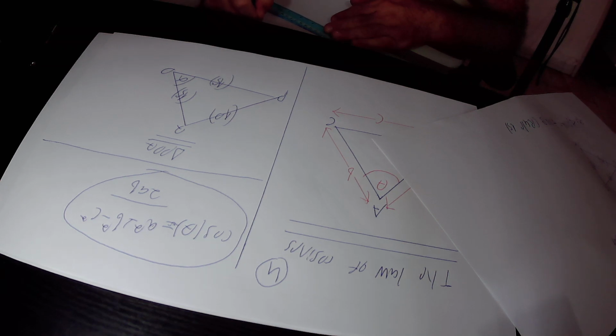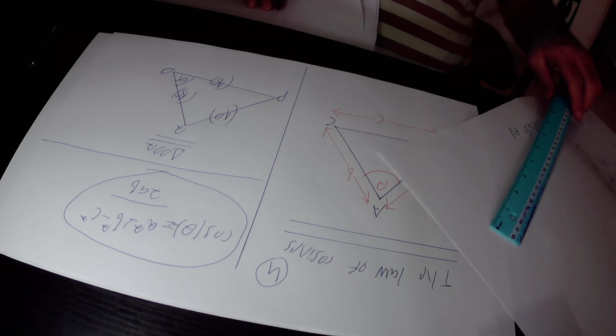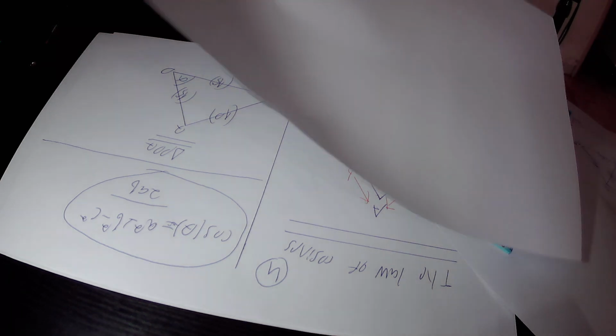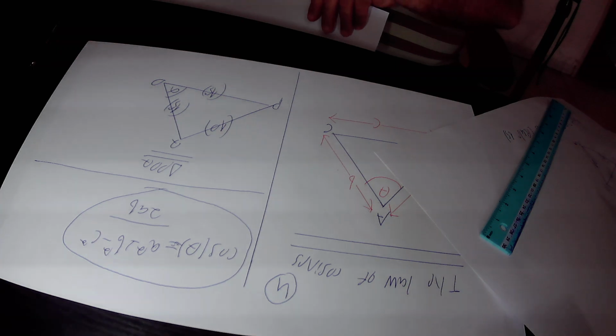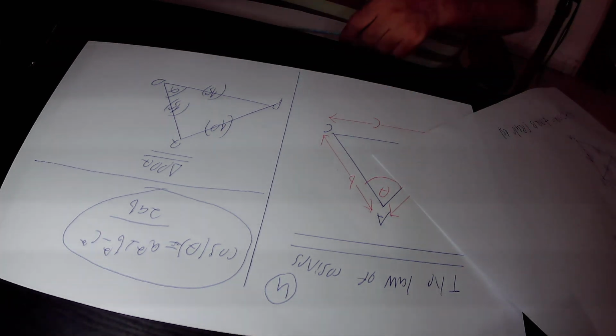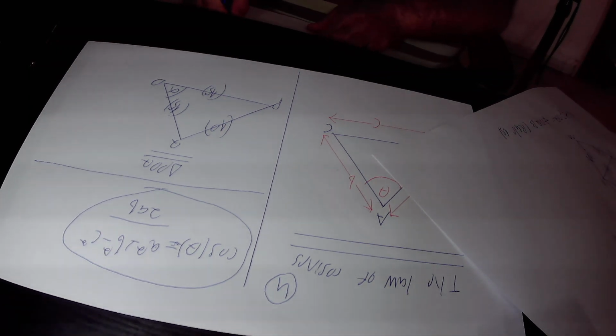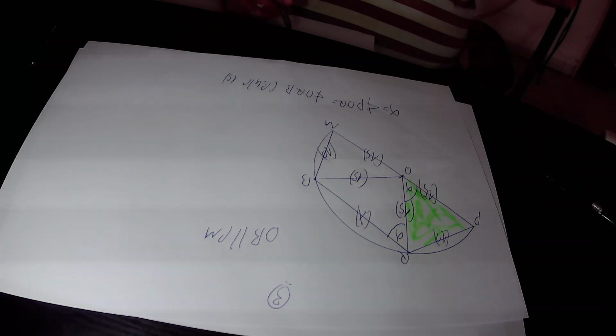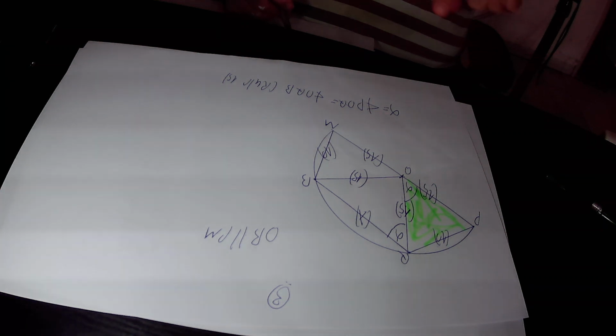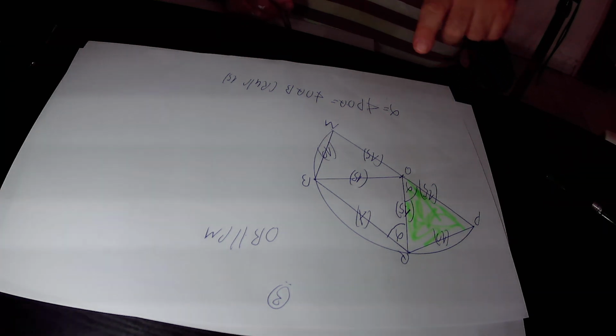I repeat again, according to the law of cosines, in this triangle POQ, cosine alpha equals 15 squared plus 15 squared minus 10 squared over 2 times 15 times 15. In the next step, I'll copy this triangle OQB in a new page and we will apply the law of cosines in this triangle OQB.